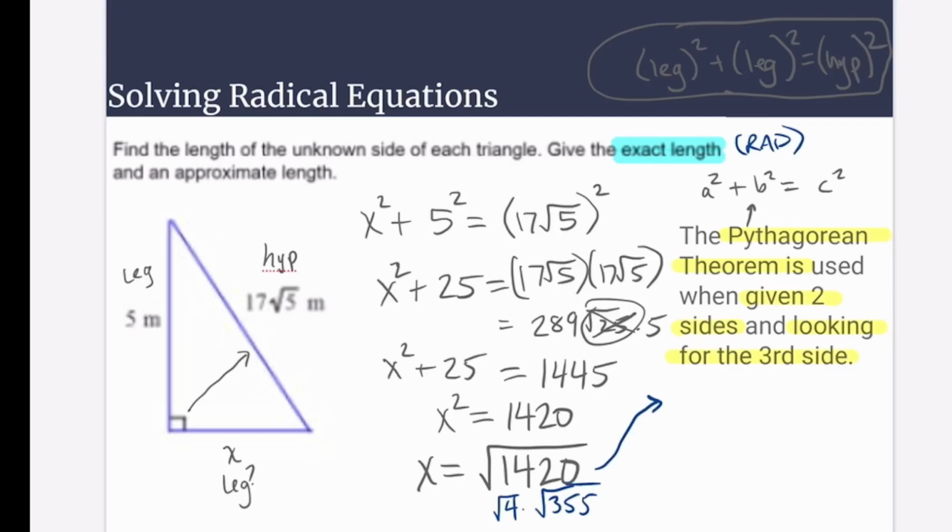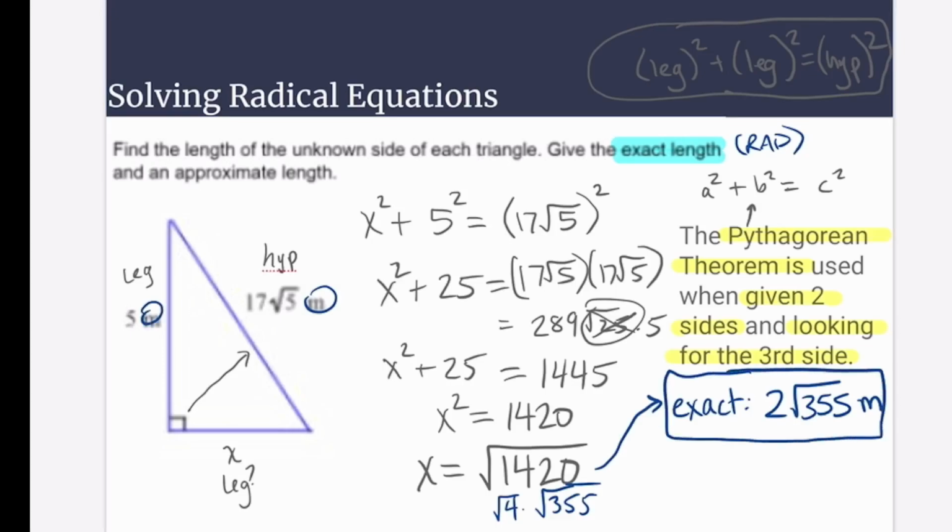So the simplified exact length answer is going to be 2 radical 355 meters, because that's the unit we're given. That would be the exact length, because that radical is going to give you a decimal.